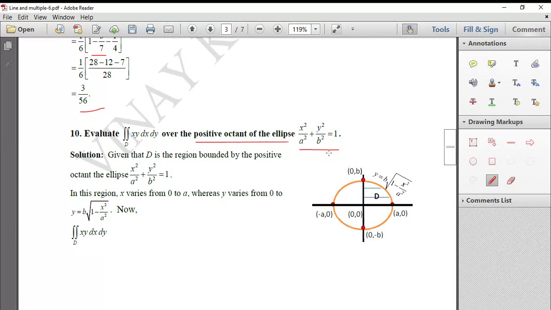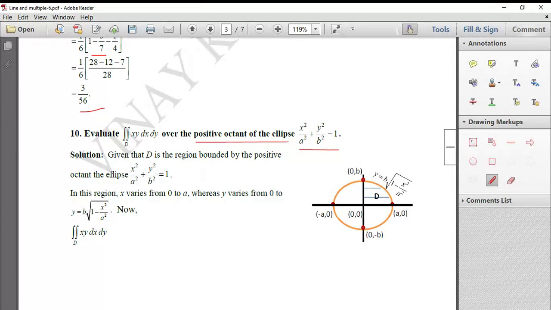From center the y-axis length is b. So from origin to here the distance is b, so this point is 0 comma b. Similarly, this point is 0 comma minus b. And any point on this ellipse satisfies the condition x square by a square plus y square by b square equal to 1.